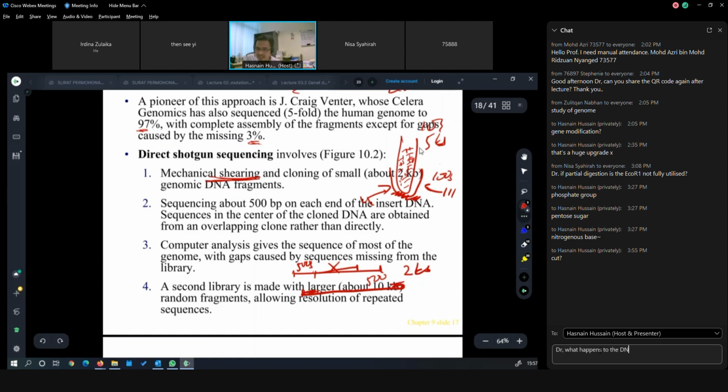So this 500 sometimes overlaps, let's say 200, with the other fragment, but the other 300 over here is new information which was not sequenced in this fragment, but is now sequenced in this fragment.